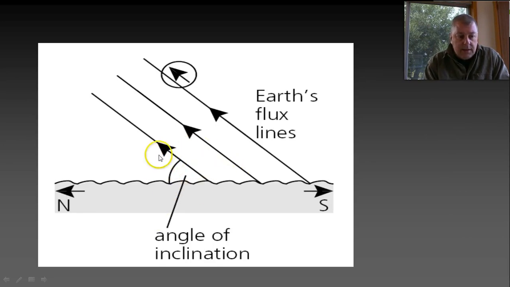When I was down south in Antarctica, the field lines were coming out at such an angle, much like that, you actually had to hold a compass at an angle to get the whole thing to rotate, and then gravity started playing into it, and it all got very tricky. And in fact, lots of expeditions have gone down south trying to find where they can measure the field lines.